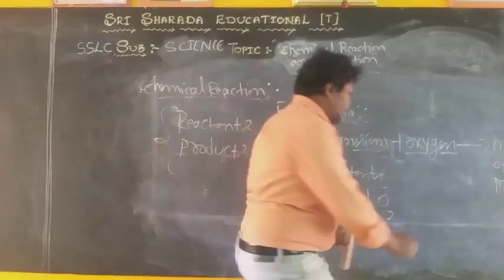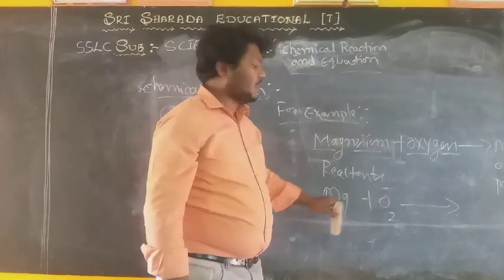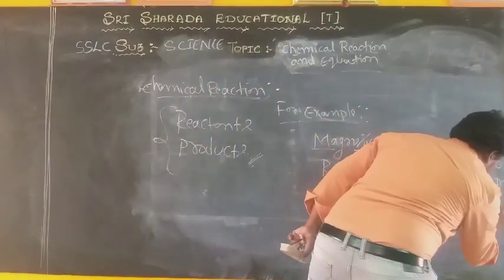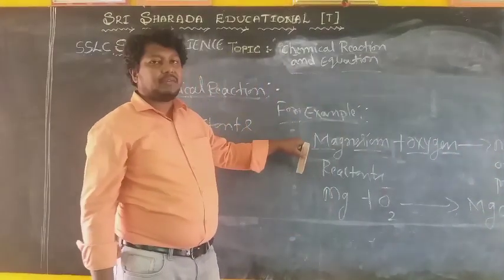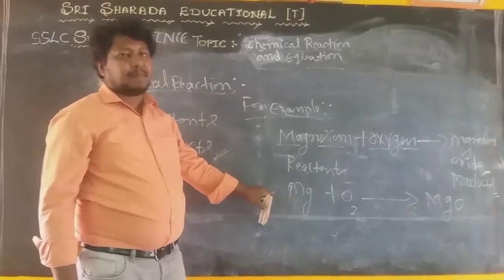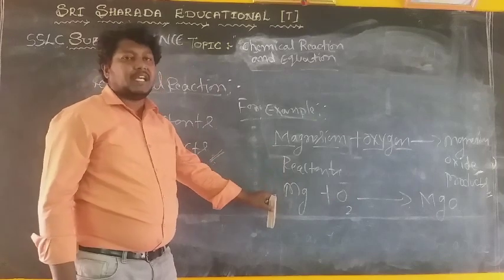Magnesium heated in the presence of oxygen gives magnesium oxide. This is called a word equation, and the symbolic one is called a chemical equation.